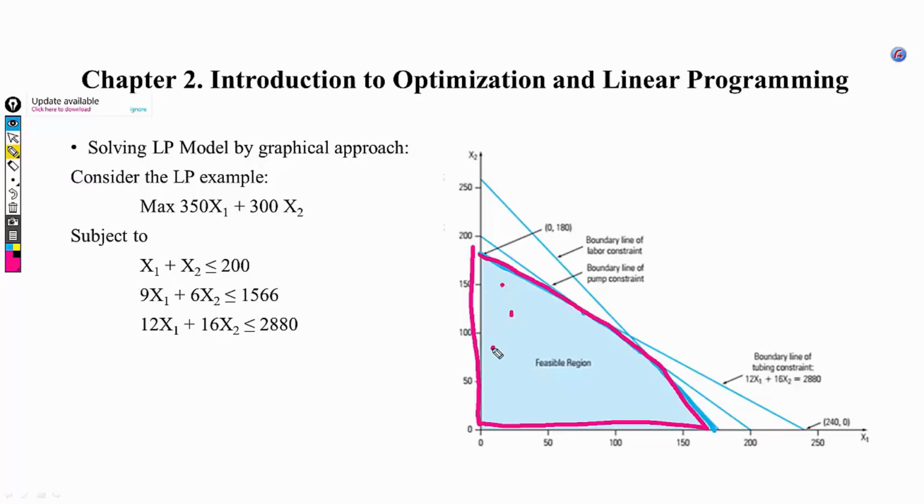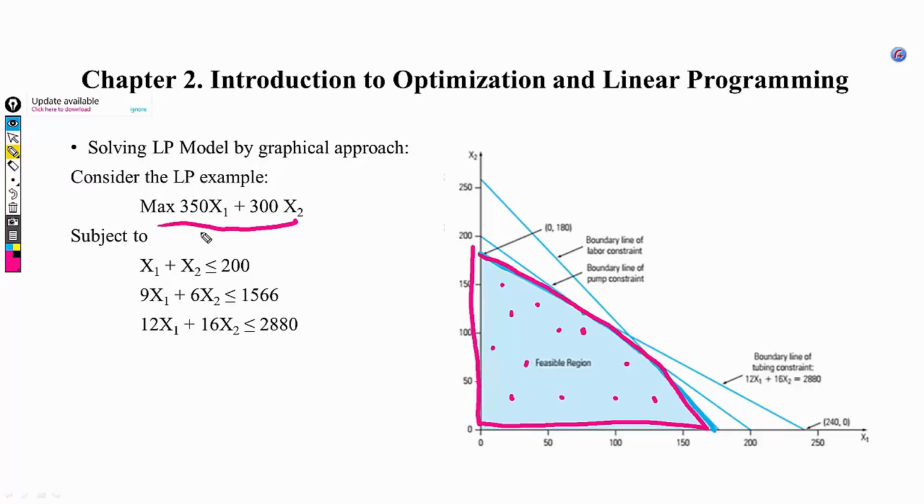Any point that we select from this area is feasible and satisfies all three constraints. In order to maximize our profit, we have to find a set of points that maximize this function. In order to do that, we use a method called level curves.